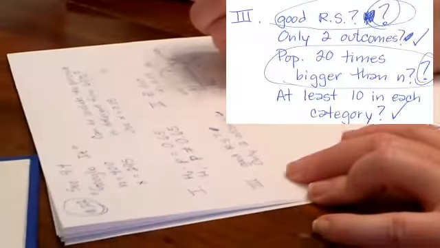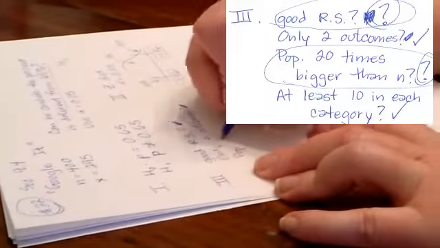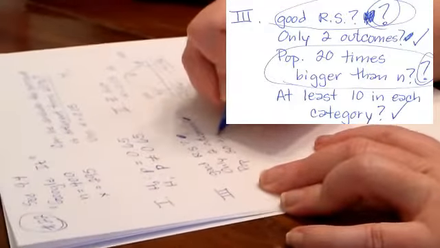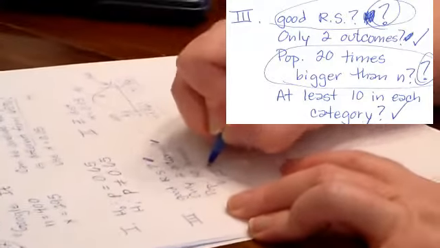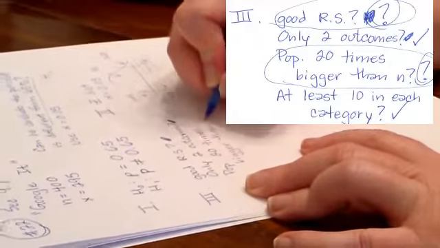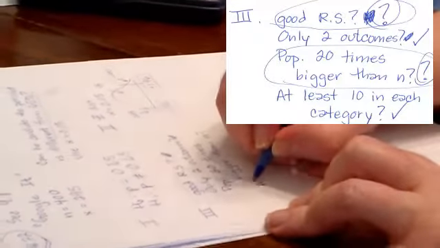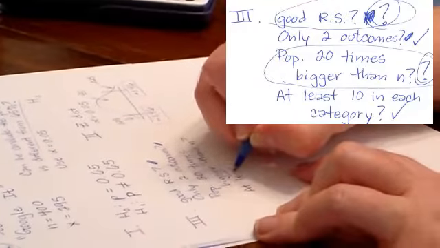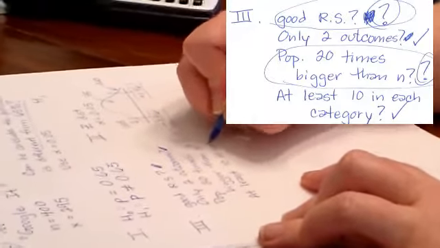Sorry. Population 20 times bigger than N. And I need at least 10 in each category.